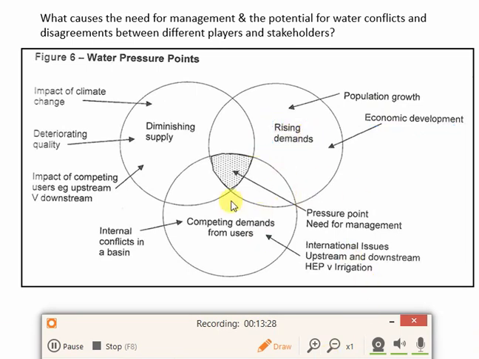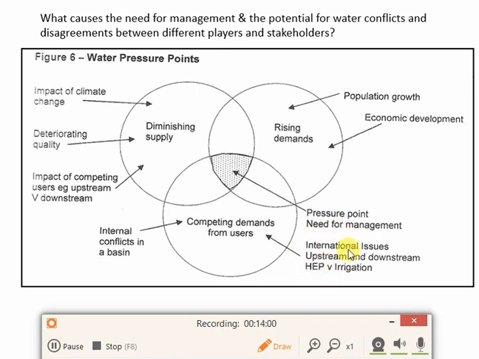And then we can throw in another dimension and think of these different players that we've just referred to. Obviously, they're going to have competing values, competing interests, aren't they? So, there's two different types, which links us to the first keyword. The first type is your disputes internationally. So, for instance, USA dammed off the Colorado River, prevented it flowing into Mexico.